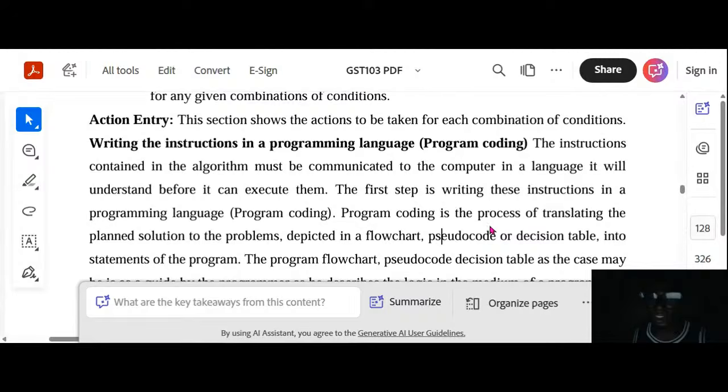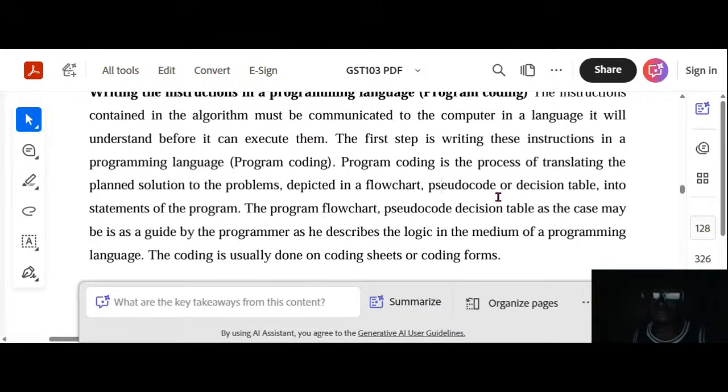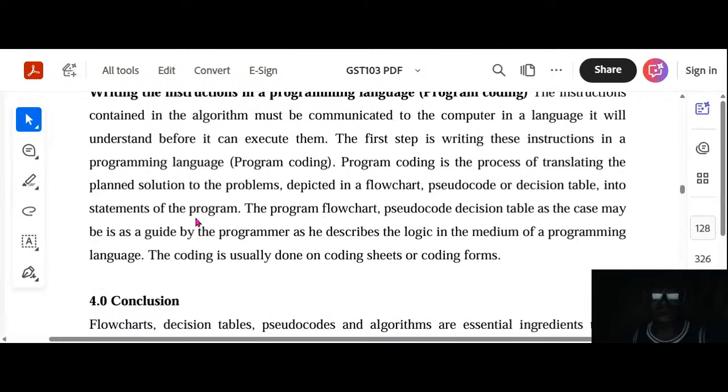Program coding is the process of translating the planned solution to the problem depicted in a flowchart, pseudocode, or decision table into statements of the program. Now, after you design the solution that you want to use to solve the problem, either using algorithm, the flowchart, the pseudocode, or decision tree.